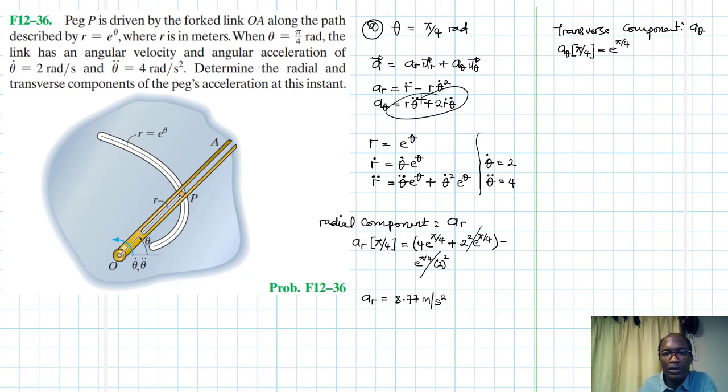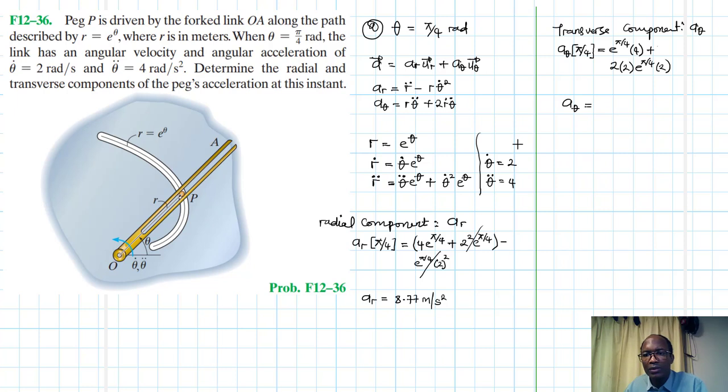Then theta double dot, that's a 4. Then we have a plus 2 r dot, where r dot is theta dot, which is a 2, e to the power pi over 4, and then I have theta dot, which is another 2. Therefore a_theta is just going to be equal to, let's work it out.